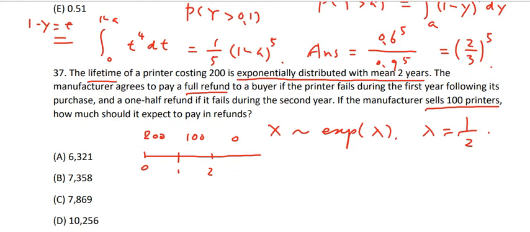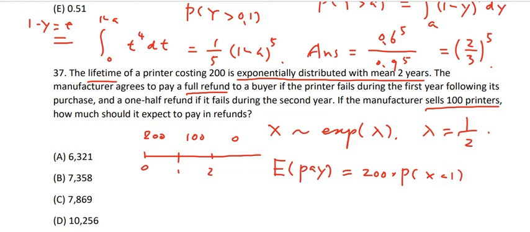So we just need to find the expected value for payment, right? This expected value is equal to: from 0 to 1, pay 200, so multiply by the probability. The probability is x less than 1.